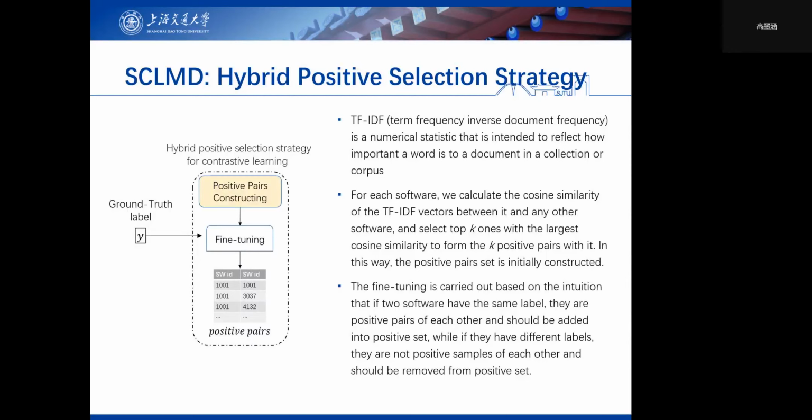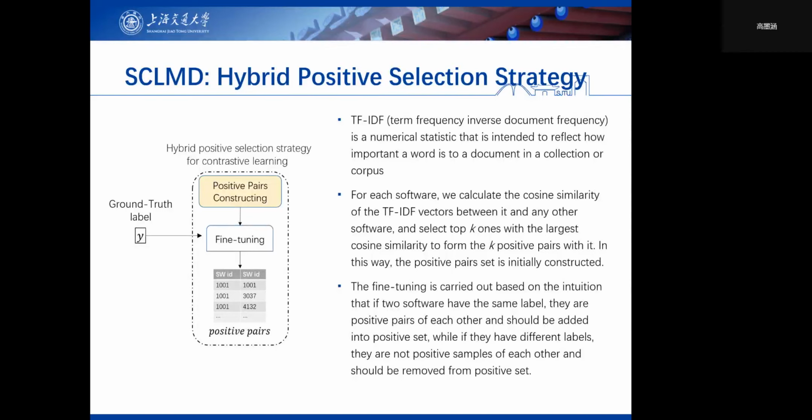The higher the similarity of the TF-IDF vectors of two software is, the more similar the two software are in behavior. For each software, we calculate the cosine similarity of the TF-IDF vectors between it and any other software, and select top k ones with the largest cosine similarity to form the k positive pairs with it. In this way, the positive pair set is initially constructed.